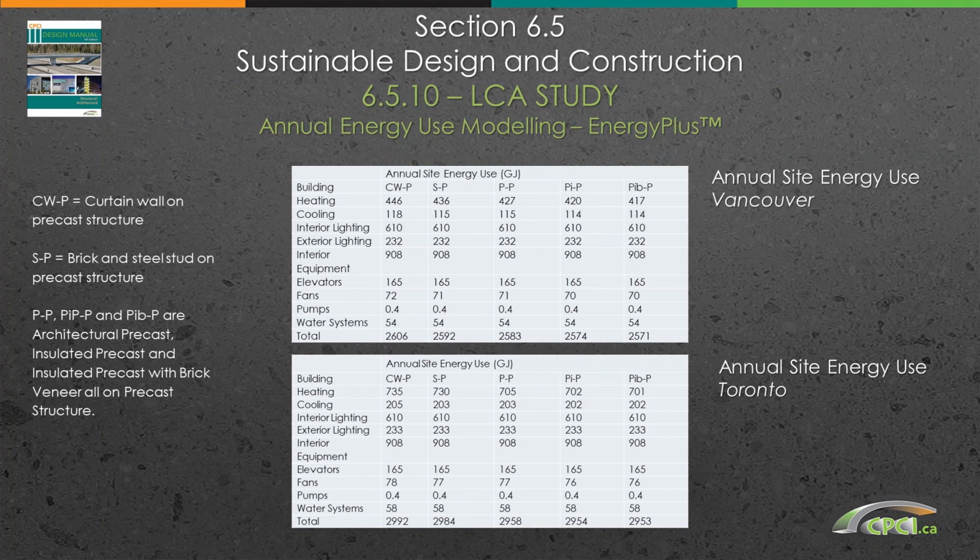Annual energy use by end use, as determined by the energy simulation software, is presented in figure 6.5.6 for Vancouver and figure 6.5.7 for Toronto. The results for both locations show that precast envelope options have the lowest overall site energy use by approximately 1% when compared to curtain wall or brick and steel stud.